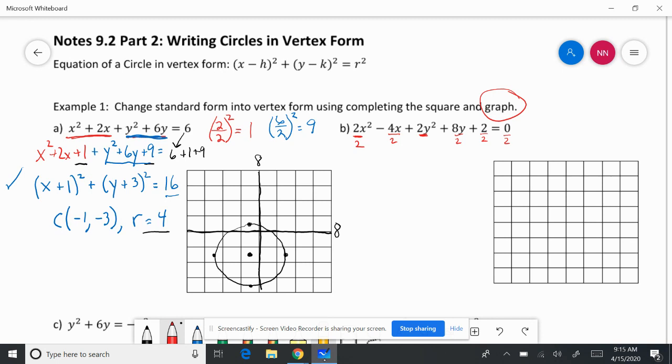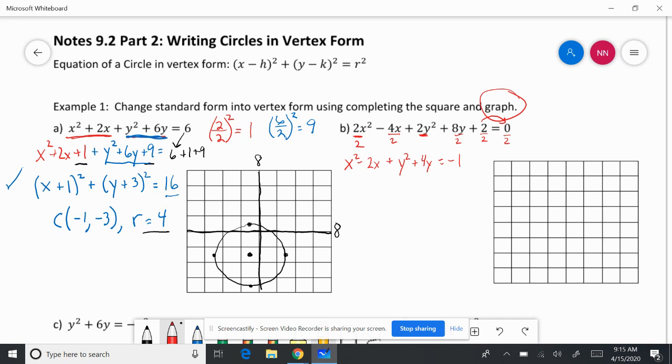So that leaves me x squared minus 2x plus y squared plus 4y. I'm going to move the constant to the other side, so that equals negative 1.